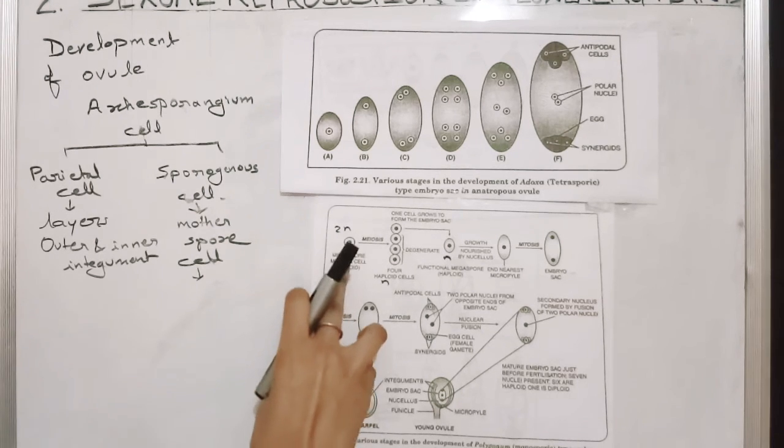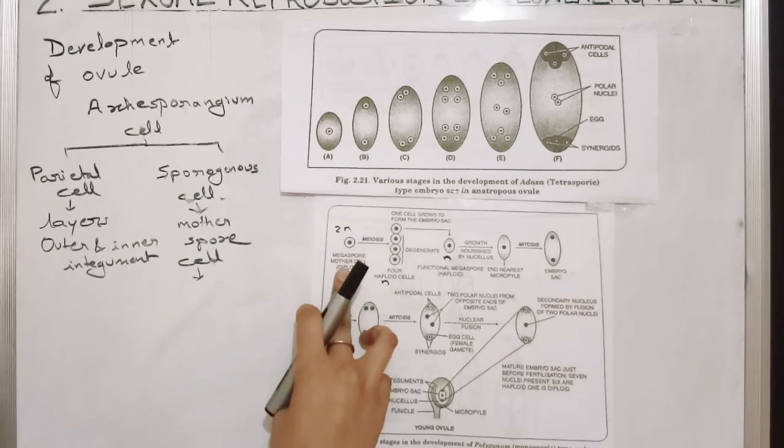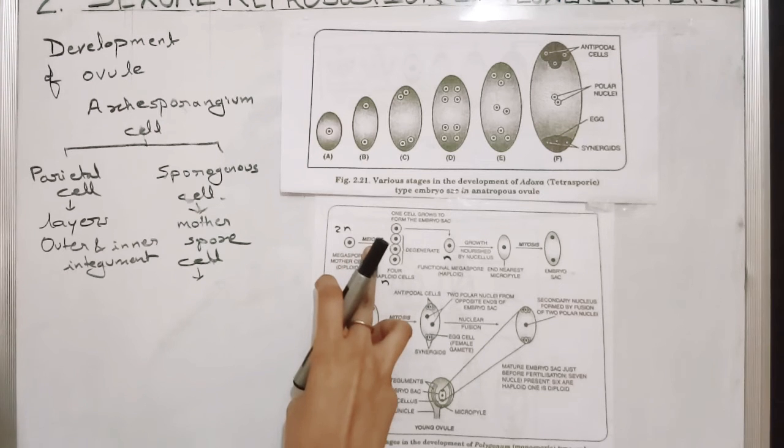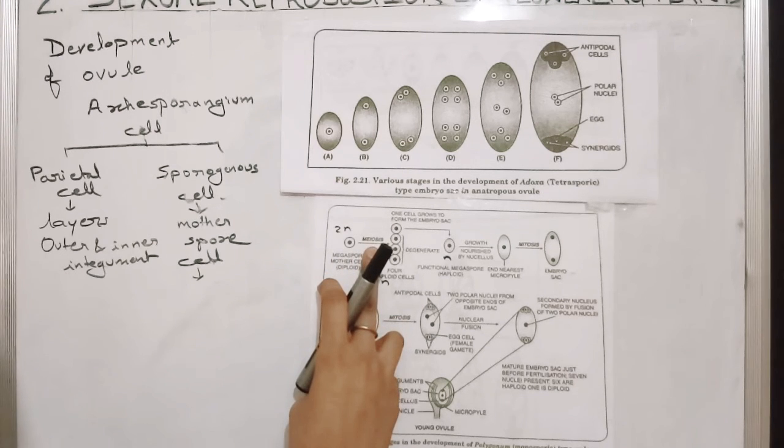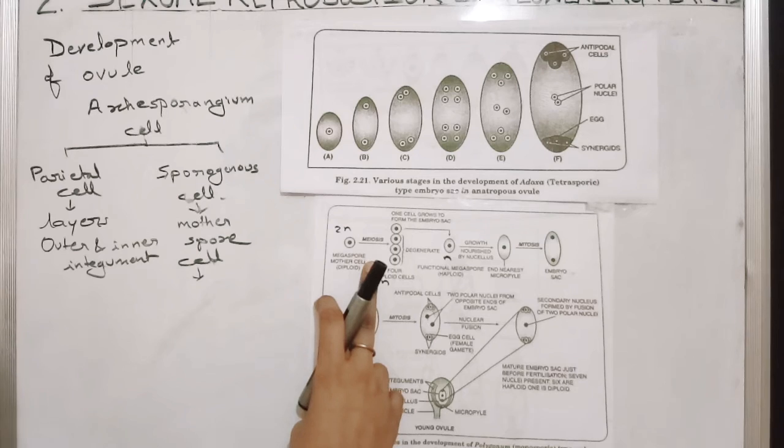This megaspore mother cell undergoes meiosis division. Meiosis is a type of division which is called reductional division. I have explained it previously. Please watch the previous lecture video for more detail.